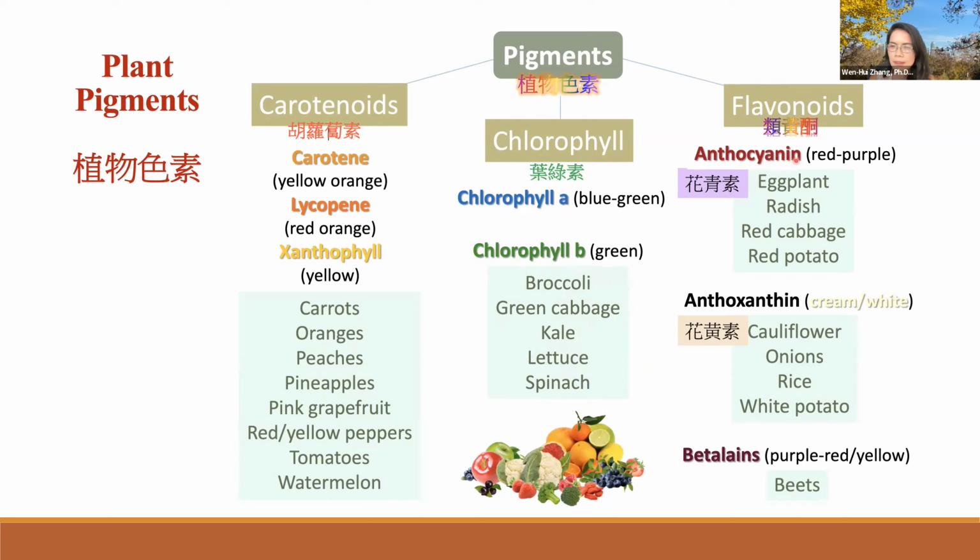Anthocyanin gives the bright red-purple color in eggplants, radish, red cabbage, red potatoes. Anthoxanthin, it's the cream white color in cauliflowers, onions, rice, white potatoes.